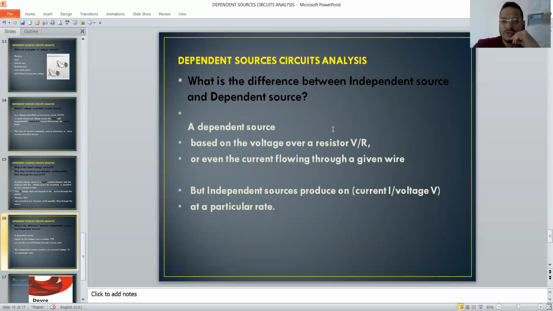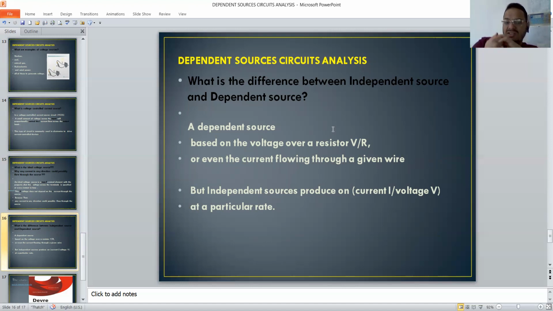What is the difference between independent source and dependent source? The dependent source is based on the voltage over a resistor, like Ohm's law, voltage divided by resistance, or even the current flow through a given wire.